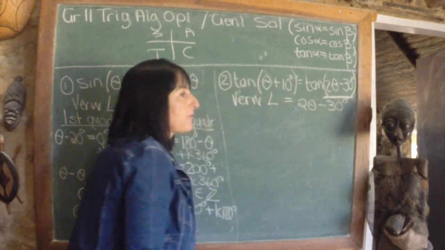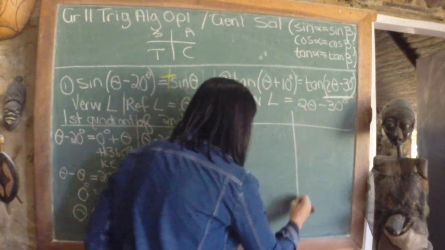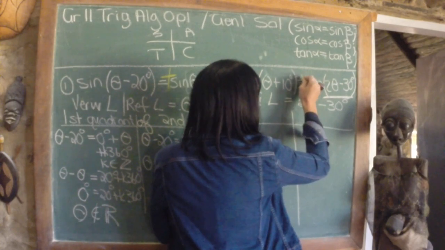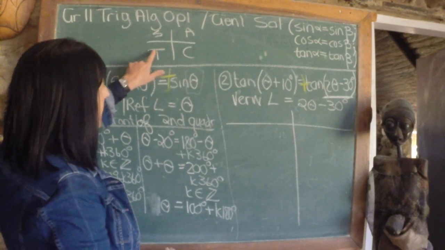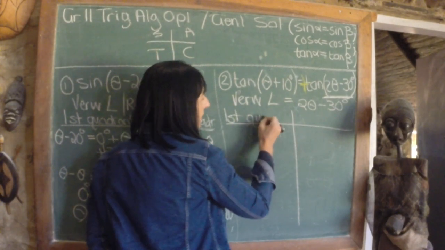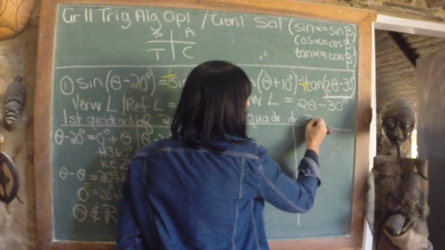That's my reference angle. Now, again, in what quadrant will the tangent function be positive? So tan is positief in die eerste en in die derde kwadrant. So I've got the first quadrant or the third quadrant.